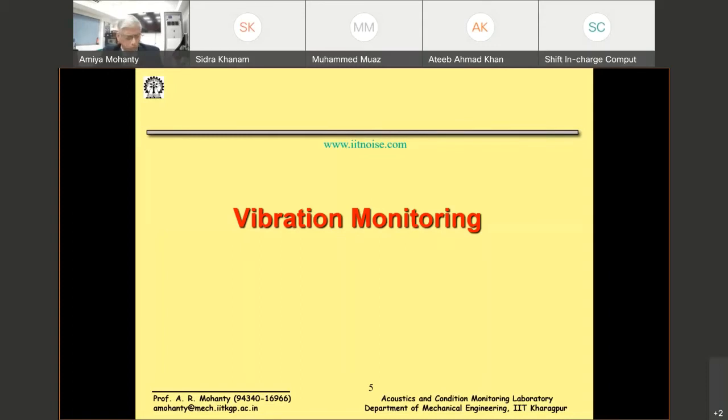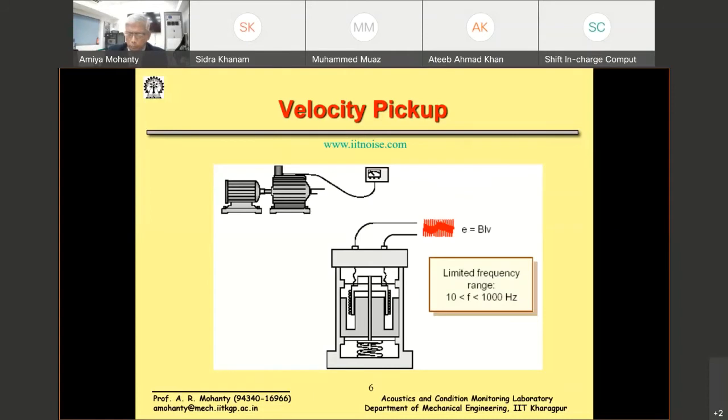And he was with General Electric in the US. And somewhere in the 1920s, what he did is he put a simple electromagnet on the casing of the turbine, which we now know as the velocity pickup. Okay, that is a simple velocity pickup.